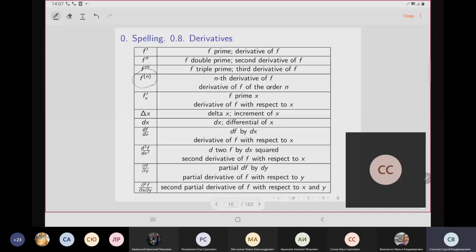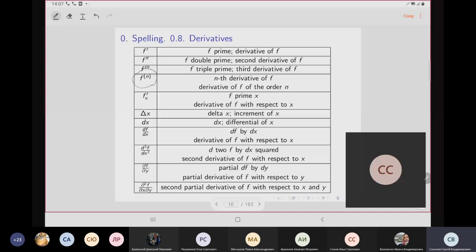The same is spelled derivative of f of order n. When we want to stress that we calculate the derivative with respect to the variable x, we use this notation and spell it derivative of f with respect to x.